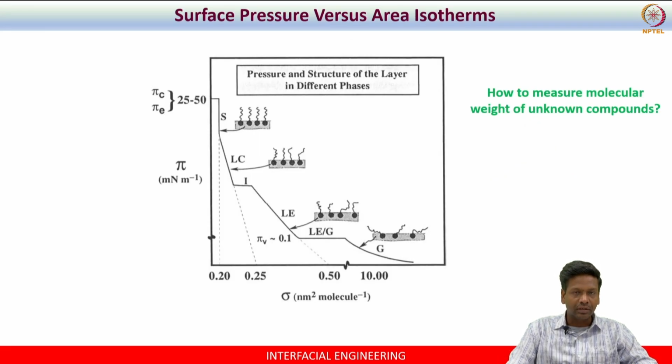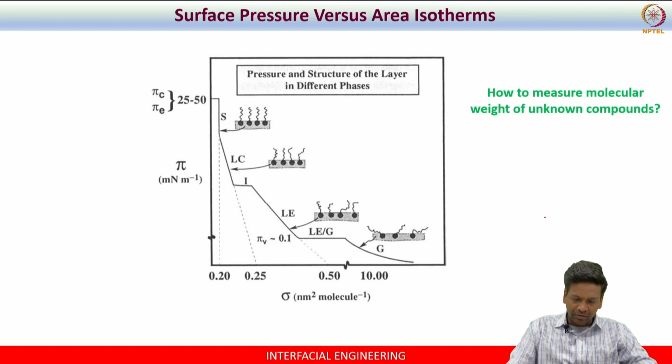So as you perform the compression isotherm, the molecules go from one state to another. Initially, because the barriers are far apart, the molecules are too far away from each other.